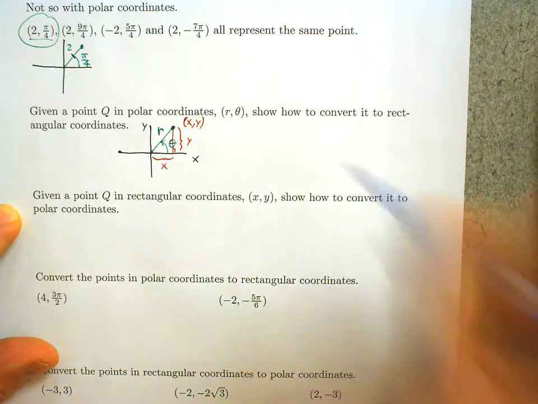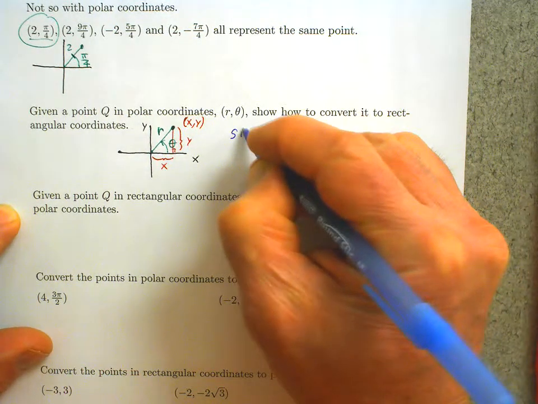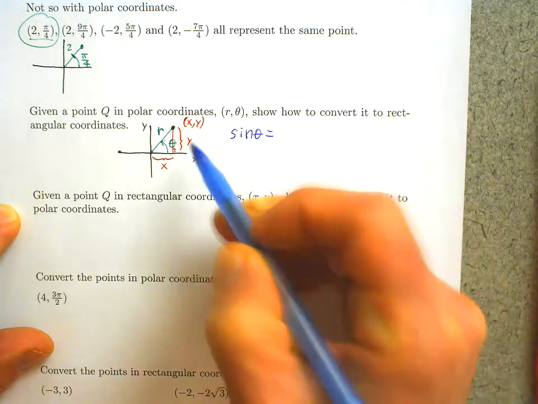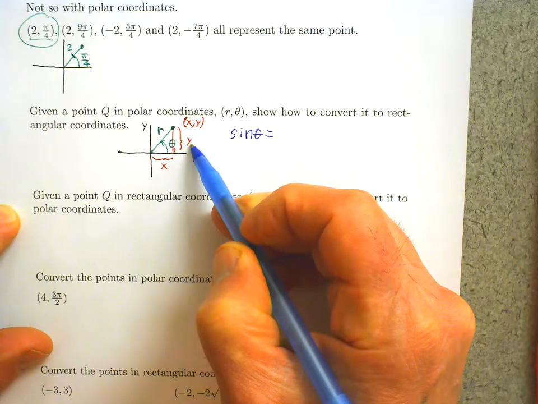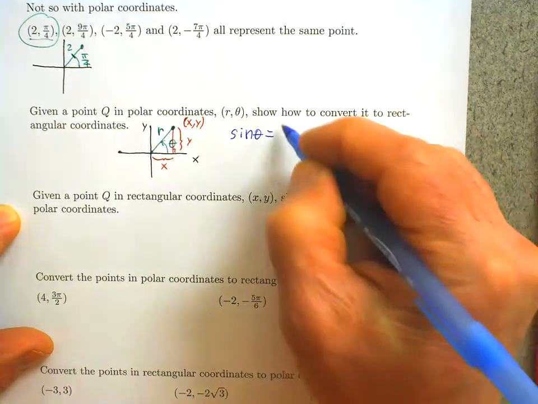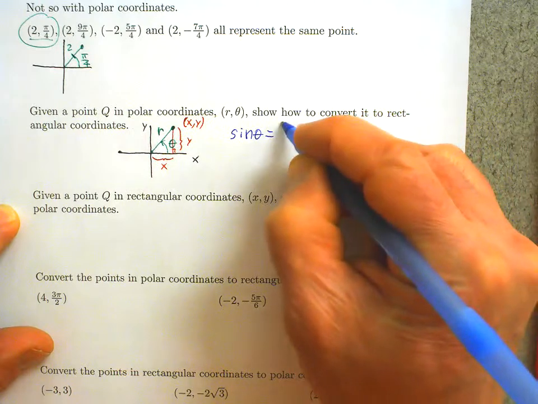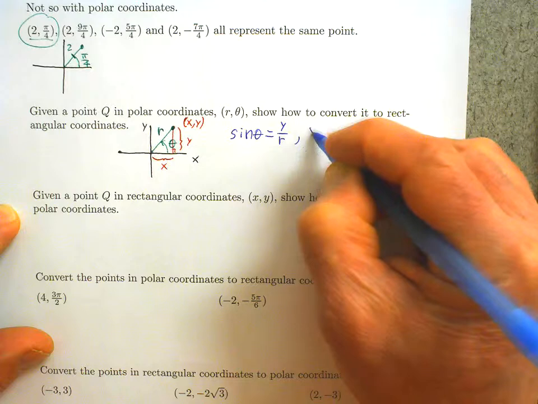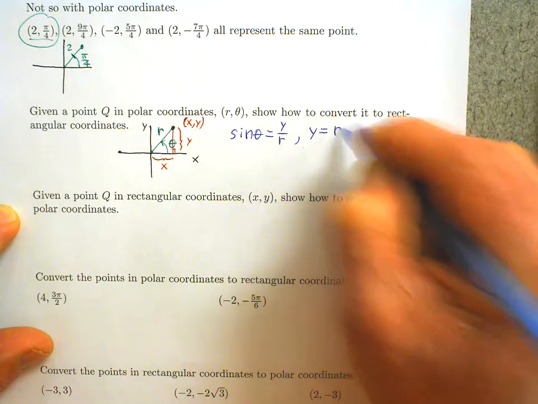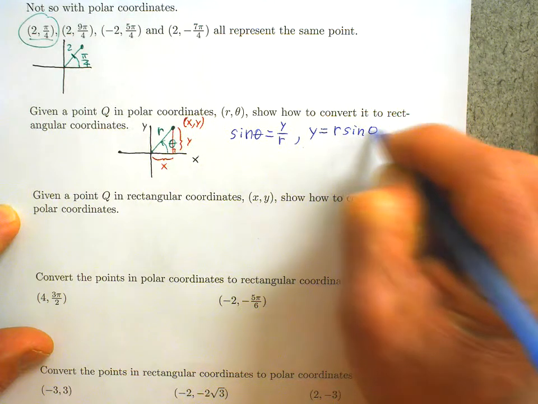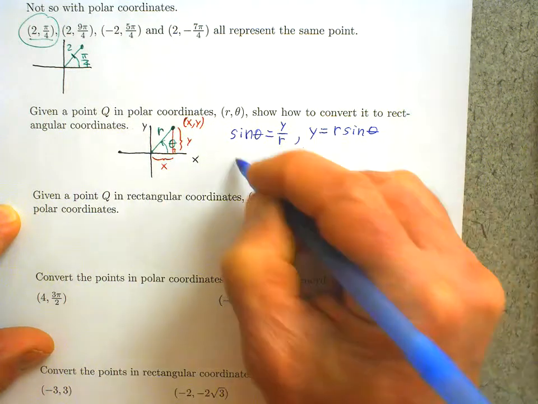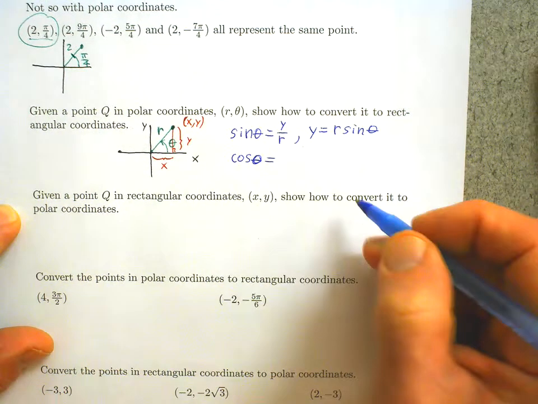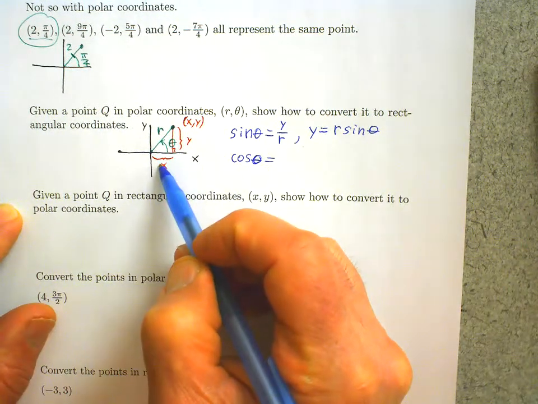But we know right triangle trigonometry. We know that sine of theta is equal to the length of the opposite side divided by the hypotenuse. So in this picture, sine of theta is y divided by r, which means y is equal to r times sine of theta. And cosine of theta is equal to the length of the adjacent side divided by the hypotenuse.